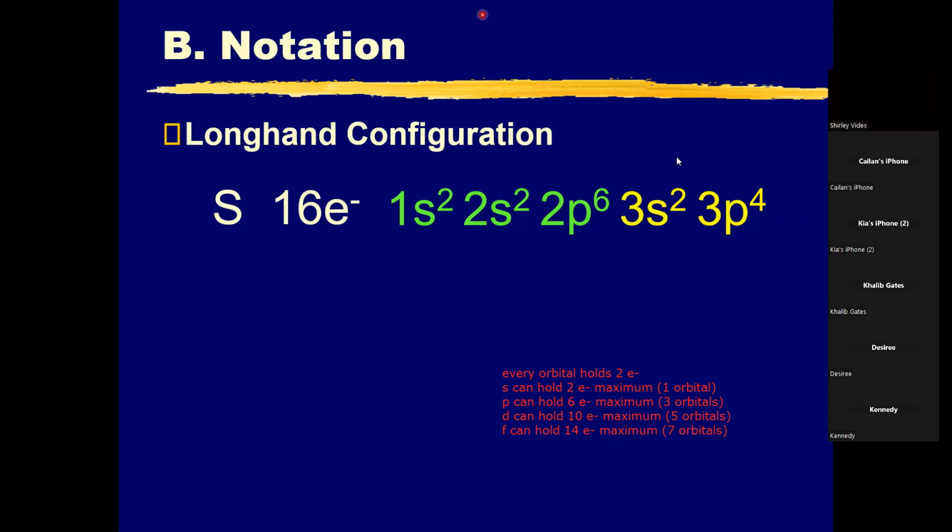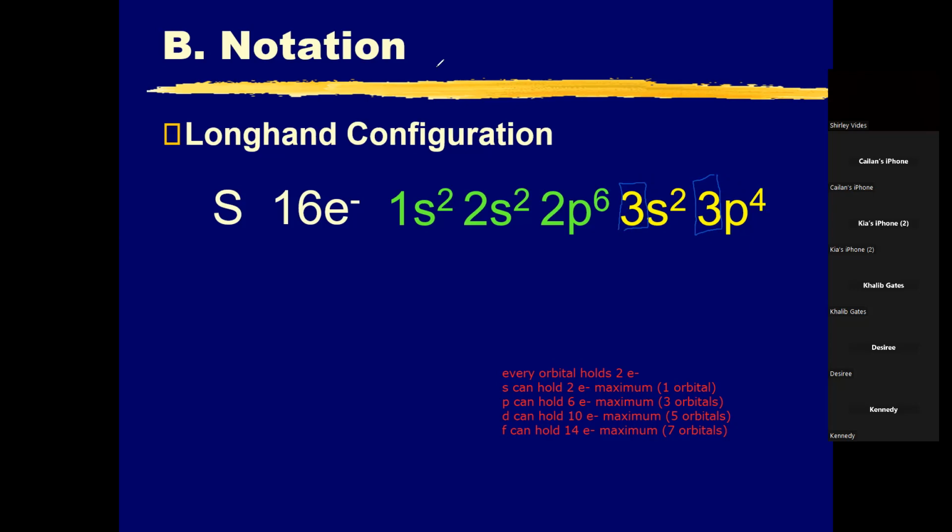And remember something that you know about each one of these configurations. When you look at these, I'm going to show you. This number right here tells you which period you're in, and you're on period 3, which means that the maximum level of electrons that you have is the 3rd level.